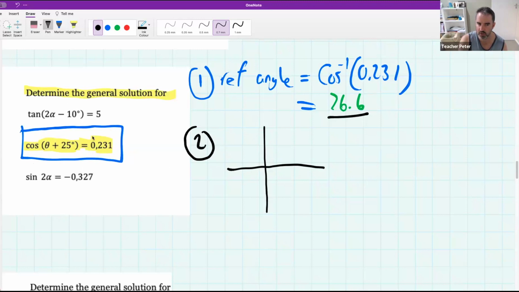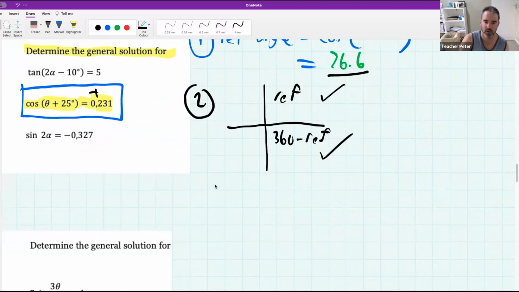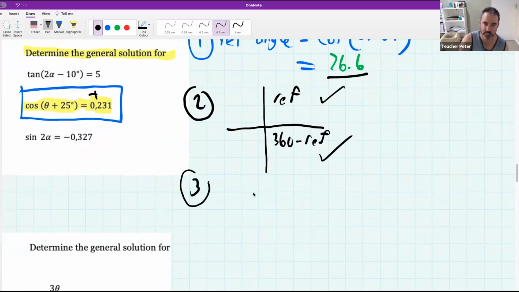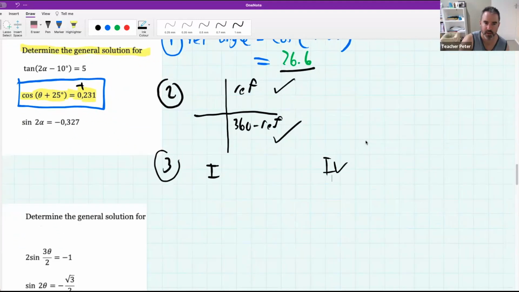Cos is positive, which means it must be in this quadrant or that quadrant, which is just the reference angle or 360 minus. So the third step is going to be to say, look, I have an answer in quadrant 1, and I also have an answer in quadrant 4.